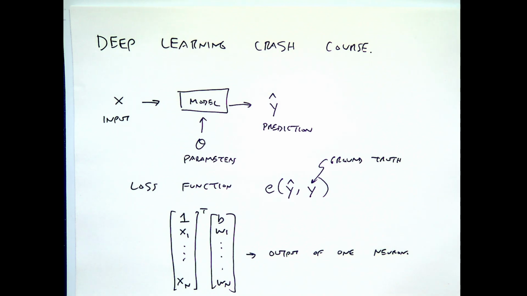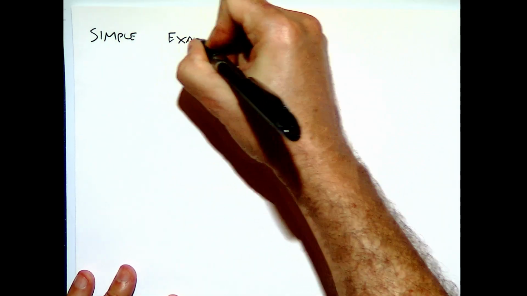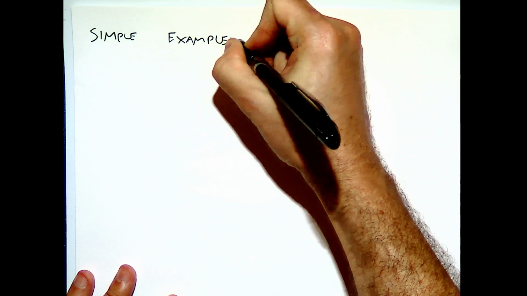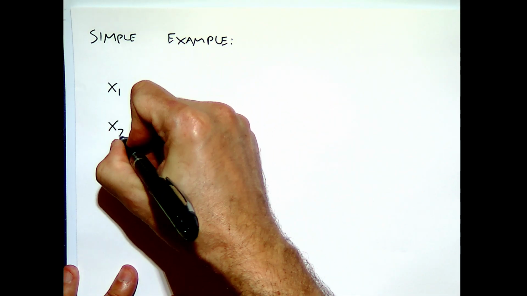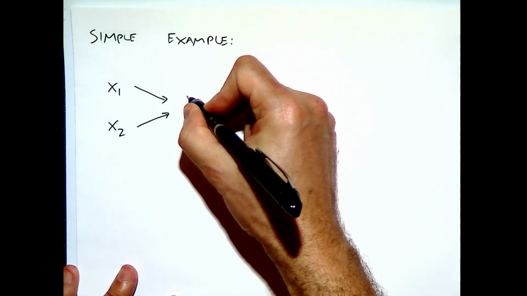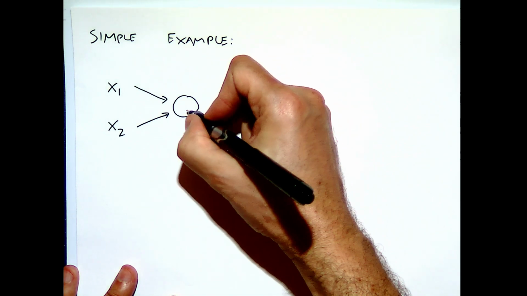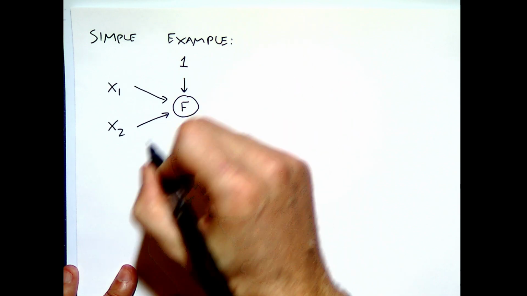So let's take a very simple example of a network that has just a couple of neurons in it, right? Let's suppose that we have a two-dimensional input, and these go into a neuron. Let's call it F. And let's also suppose that we have a bias, right?